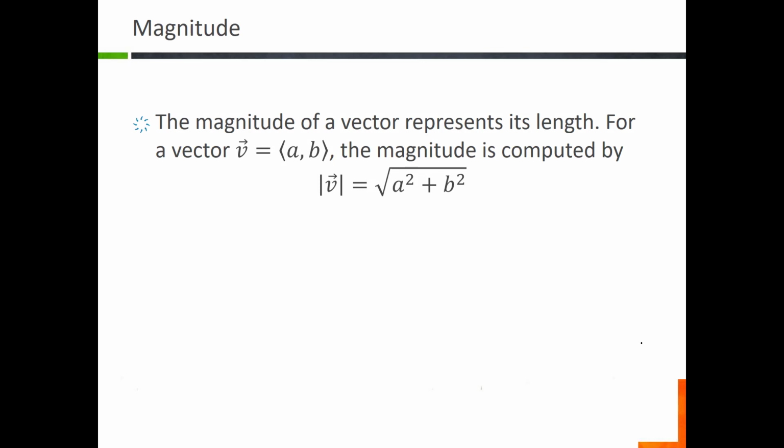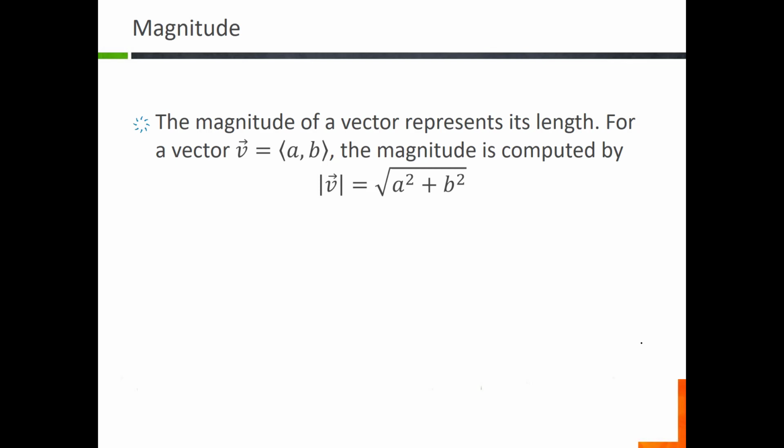Another thing that we could look at is how do we compute the magnitude? When we compute magnitude, it's helpful to have the vector in component form. So if we have a vector v written in component form, the angled brackets a comma b, then the magnitude, which we write like the absolute value of our vector, is equal to the square root of a squared plus b squared.